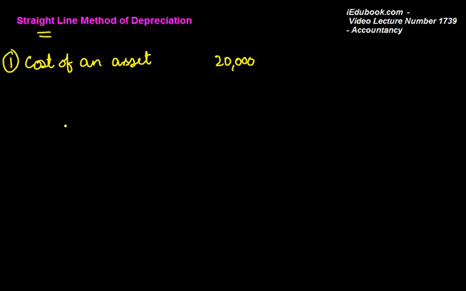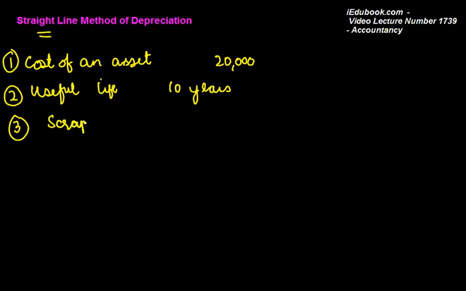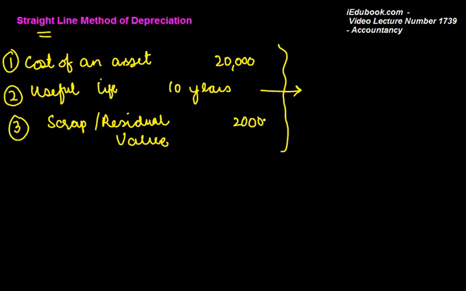One is the cost. Second is the useful life, assuming this is lower than the legal life. Let's say this is 10 years. And third is the scrap or the residual value, the value for which we will be able to sell the asset at the end of the useful life.